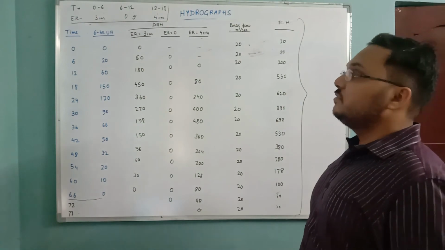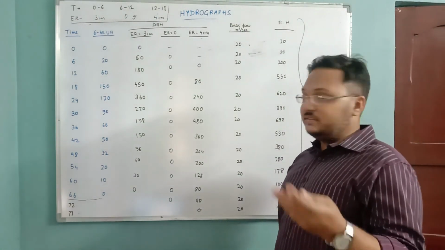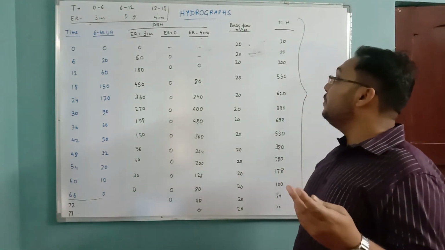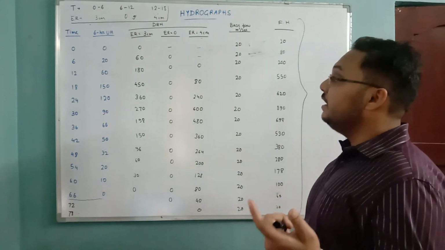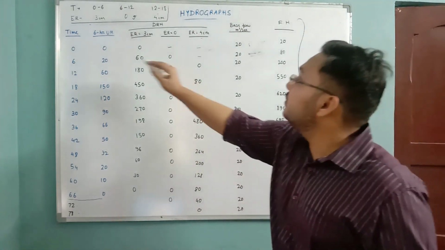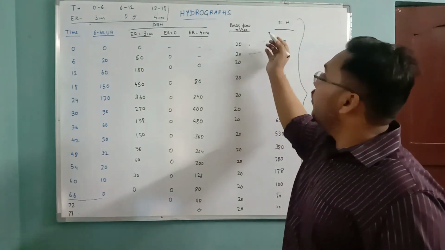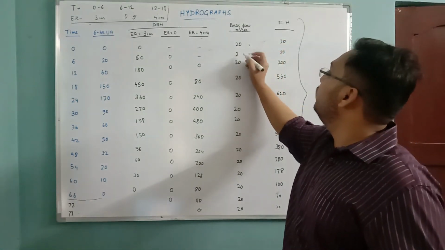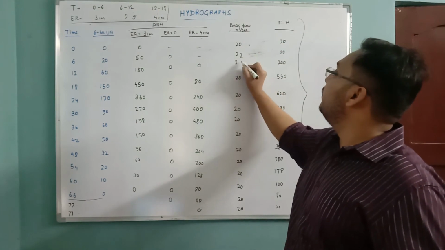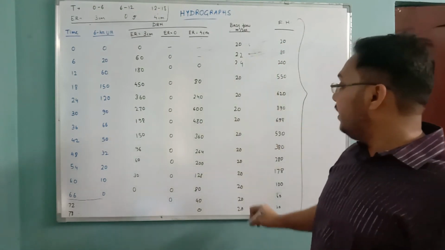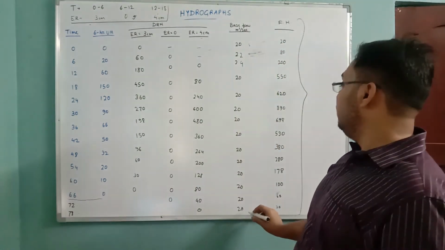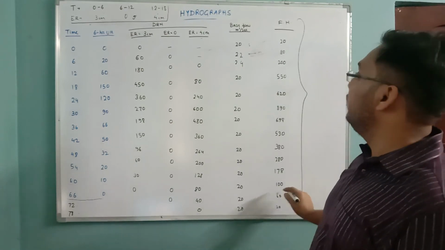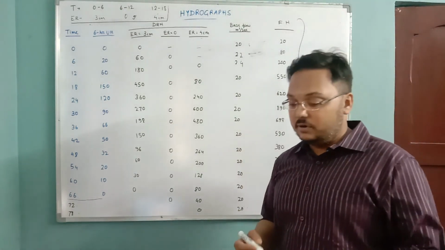But suppose it varies by 1 meter cube per second in every 3 hours. So for the 6th hour it will become 1 meter cube per second into 2, that is 22. Similarly it will become 24, and likewise you have to calculate until the last required value which we are going to find for the flood hydrograph.